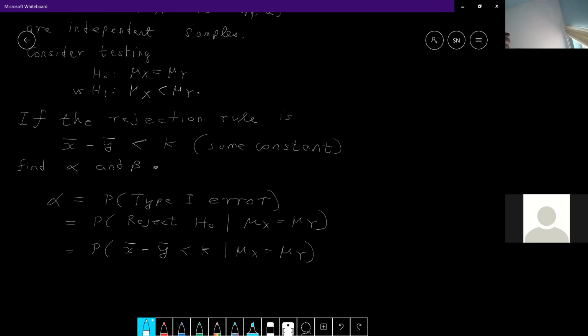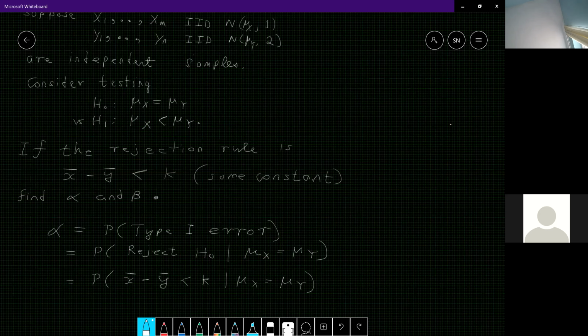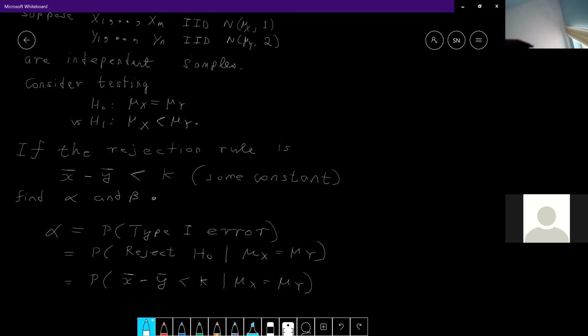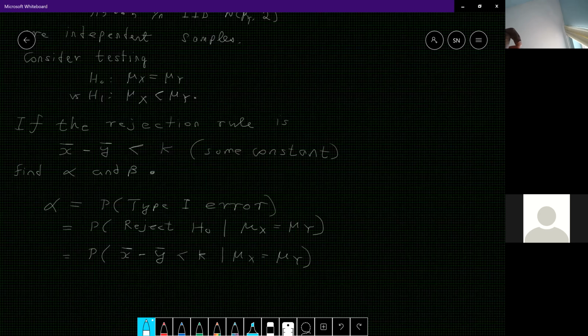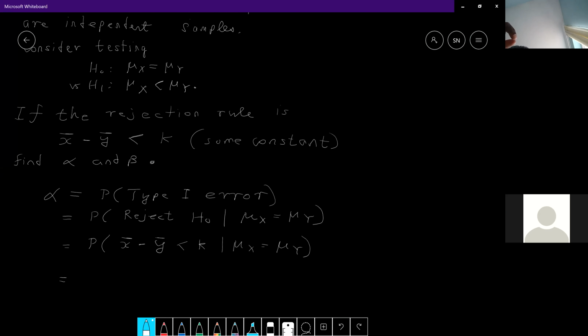Okay, guys. Now, remember that we are assuming that the first sample comes from a normal population with mean mu x and variance 1. All right, so what distribution will x bar have?